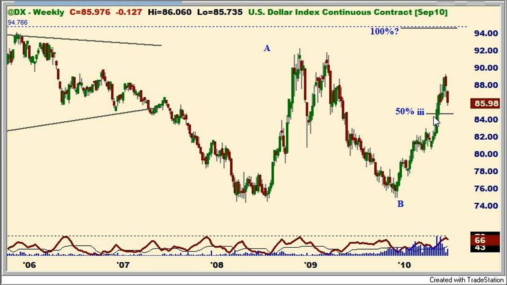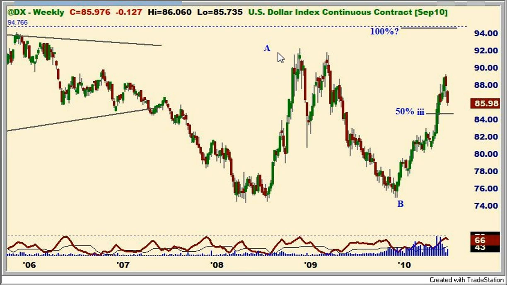This is interesting because, and this is actually something I learned from Prechter years ago, oftentimes that midpoint of the third wave is also the midpoint of the entire move. So if this is 50%, the entire move, or at least this entire impulse wave, would target somewhere up around the 94.70 area, basis the continuous futures on the dollar index.